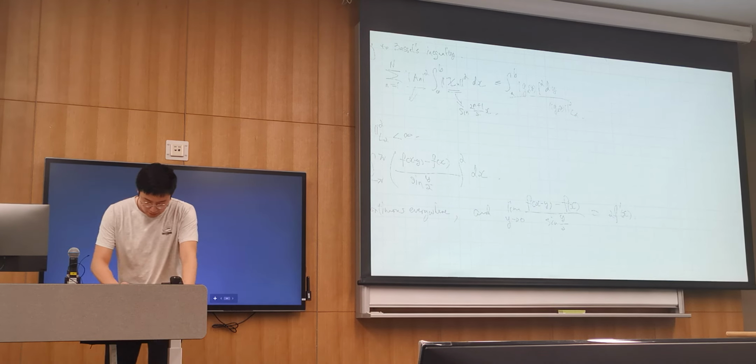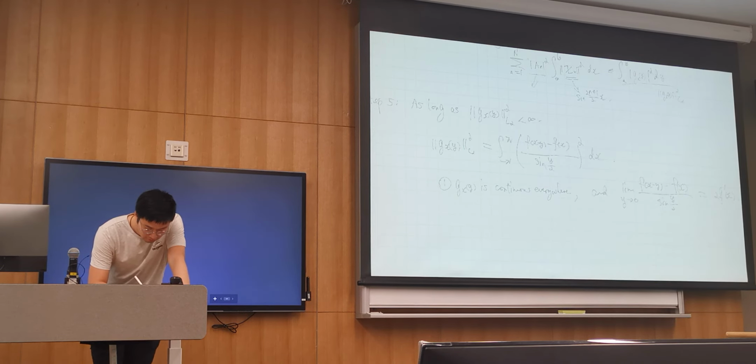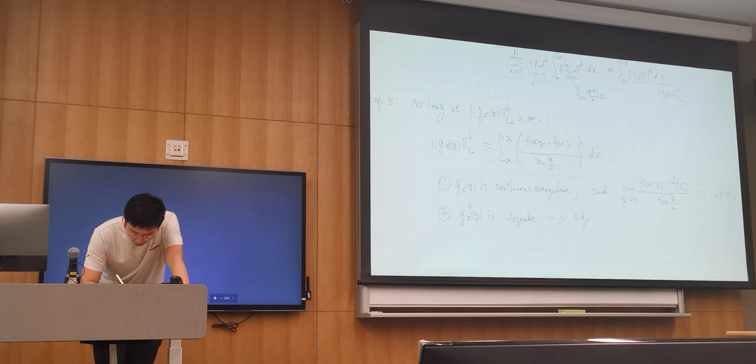Which means that my g(x,y) is integrable, which will finally give us that the square of the 2 norm of g(x,y) is finite, is smaller than infinity.